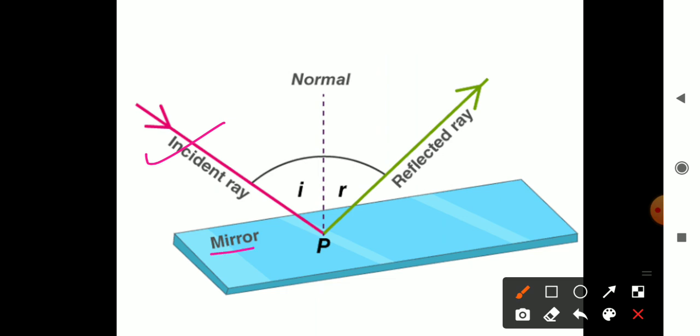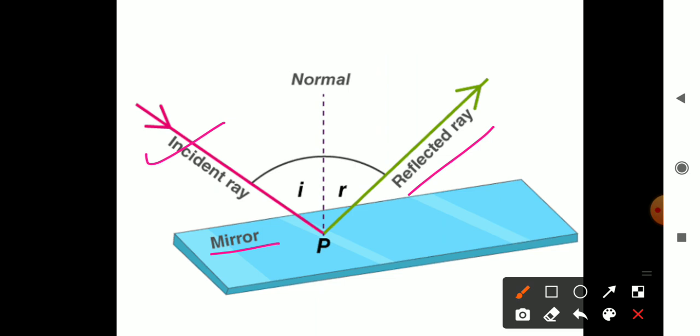In this case there is a mirror, so the mirror will act as a reflecting surface because it will reflect the light in the other direction. If this is an incident ray, then this is a reflected ray, because it is reflected from the reflecting surface, that is the mirror.